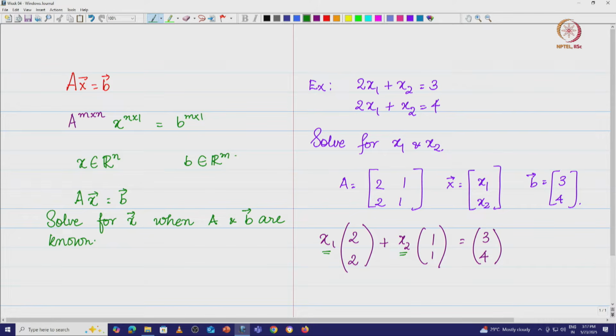So the question is, does there exist x1 and x2 real such that (3, 4) is a linear combination of the vectors (2, 2) and (1, 1)?